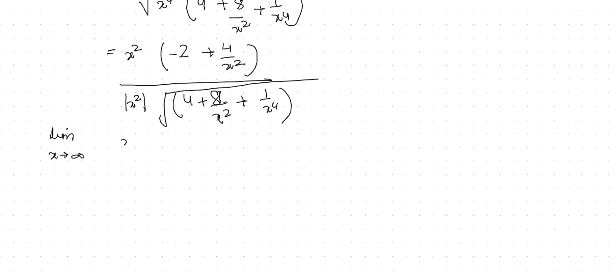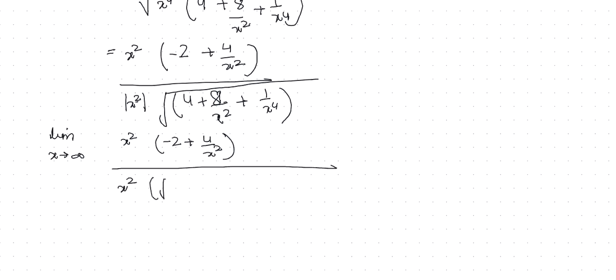So this would be minus 2 over x. Now as it is x square and x tends to infinity, this would be positive, and this would be 4 plus 8 over x square plus 1 over x.